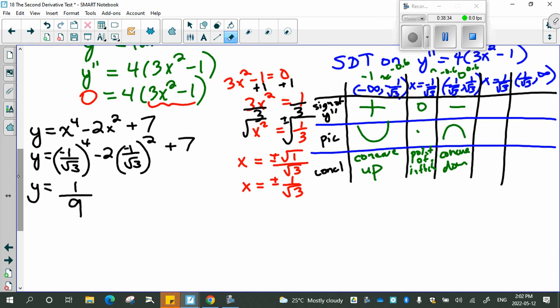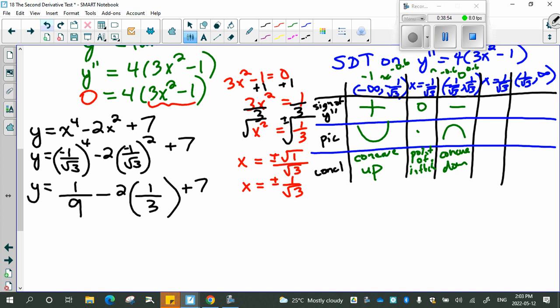Okay, so now we're minus 2 times, so if I square negative 1, I get 1. If I square root 3, I get 3. So y is 1/9 minus 2/3, because this is really over 1 here, plus 7.